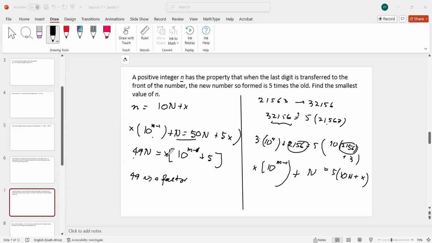So 49 can't be equal to x, but it's a factor of 10 to the power of m minus 1 plus 5. See? So you're looking for that. And now everything is brought down to just a single m here. So you want to know what is the smallest value of m for this to work.